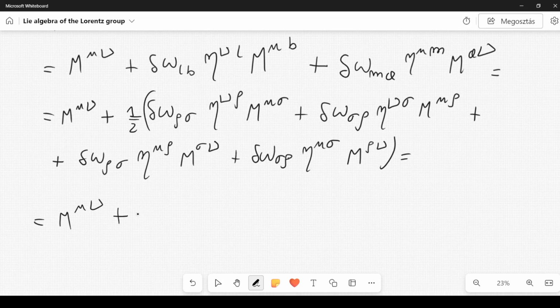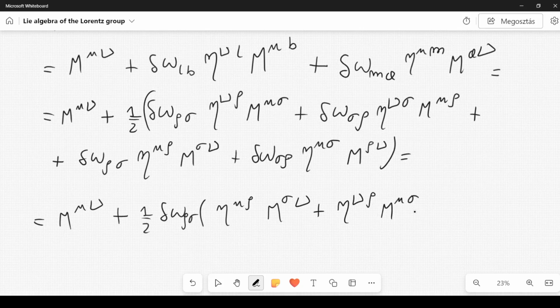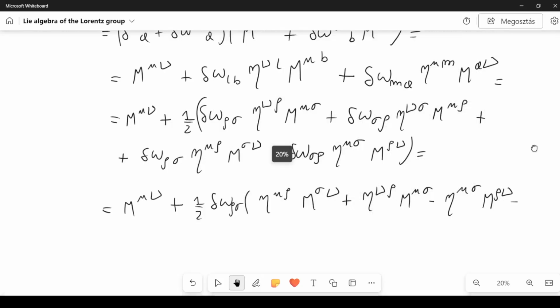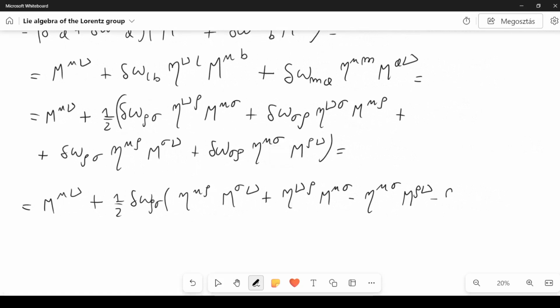I have plus 1/2 delta omega rho sigma eta mu rho M sigma nu plus eta nu rho M mu sigma minus eta mu sigma M rho nu minus eta nu sigma M mu rho, and that's it.